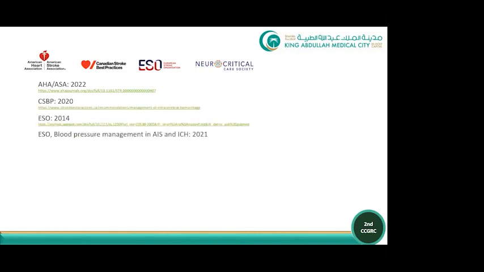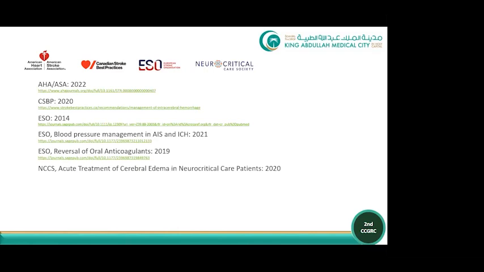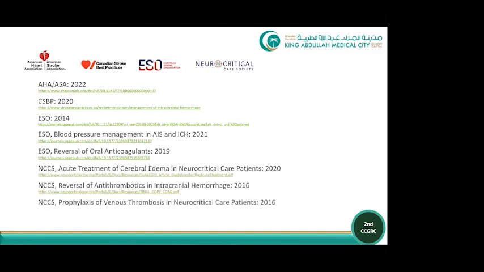The European Stroke Organization general guideline for ICH is a bit old, 2014, but they have published a recent guideline answering specific questions regarding blood pressure management, in 2021. Another guideline, 2019, is specifically for reversal of oral anticoagulants. The Neurocritical Care Society also has three different guidelines that discuss points related to ICH management.